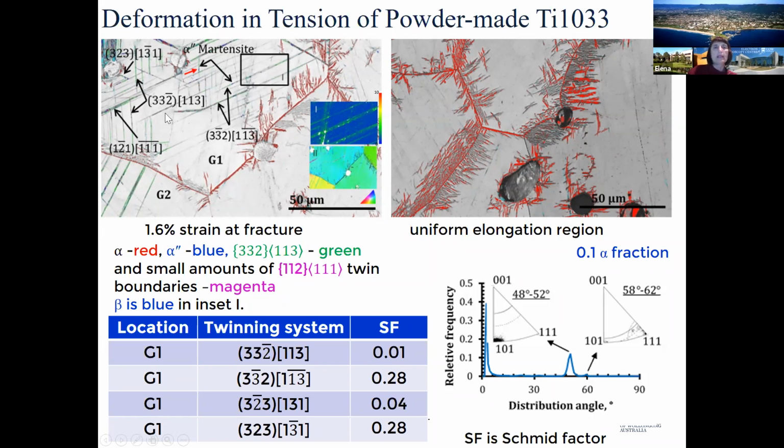However, in the remaining beta matrix, the stress state will be changed. And in these areas, and also in the areas of the grain boundaries, the conditions will be completely different from the initial conditions. This is why, if according to initial calculations the twinning system formation is not favorable, it will become favorable at higher loads.